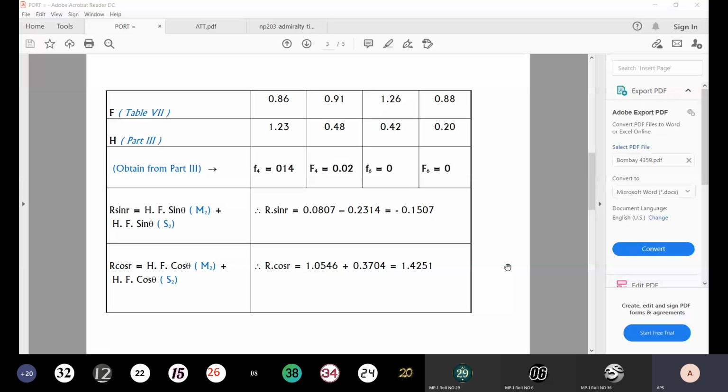Now you have to write down the value of capital F and capital H from table 7 and part 3. So capital F for M2, S2, K1, O1. Where do you have to go? Table 7.